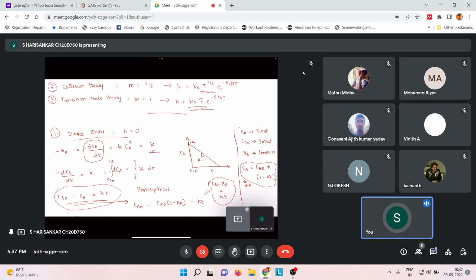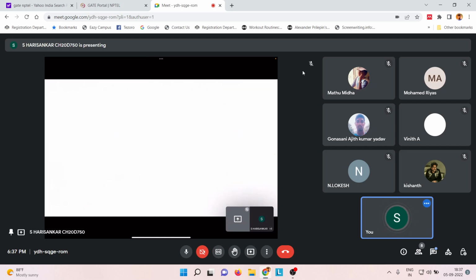So we saw the rate equation for zero order. Now let's move on to first order. So here n will be 1. How can we proceed with this? The rate, minus dCA by dt, will be k CA raised to 1. Okay.